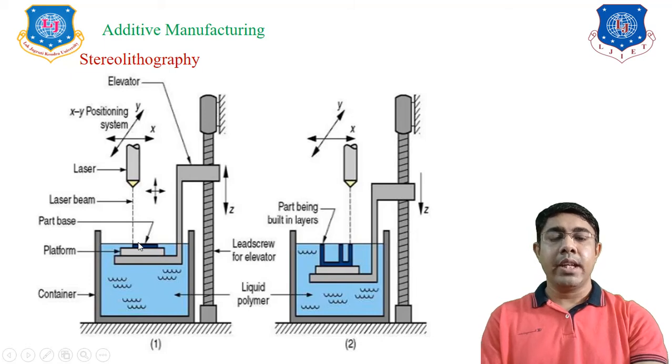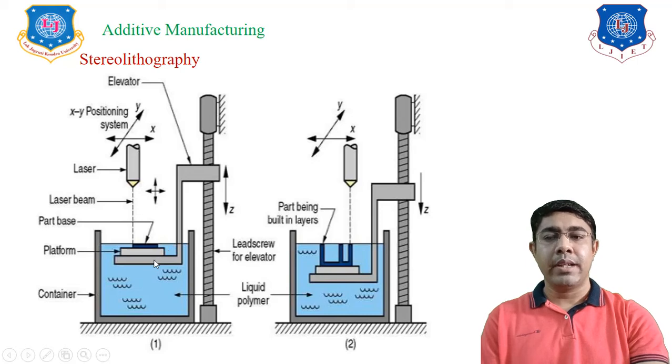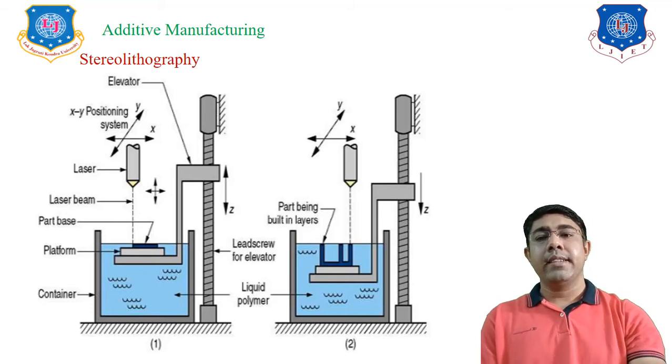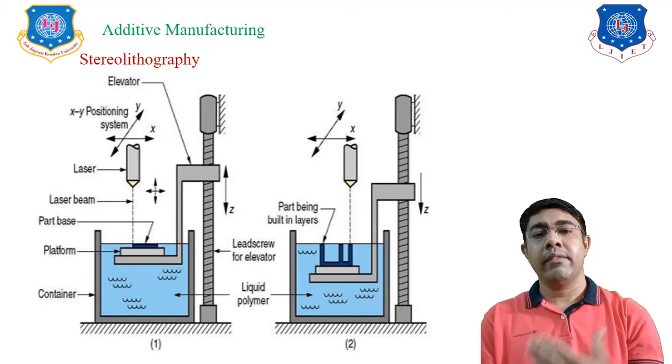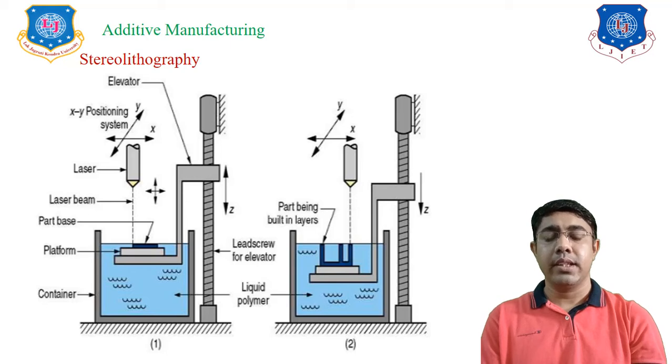After the first layer, we have to make the second layer, so we move the platform according to the second layer thickness by the lead screw mechanism. Then the second layer is generated, and once it is manufactured, the platform is lowered according to the third layer thickness.